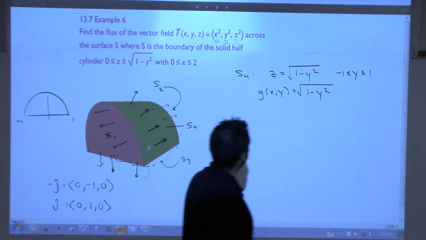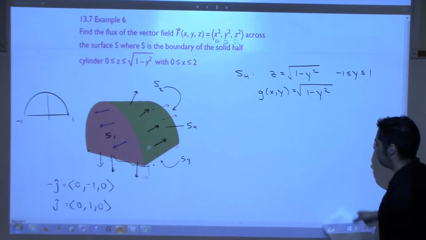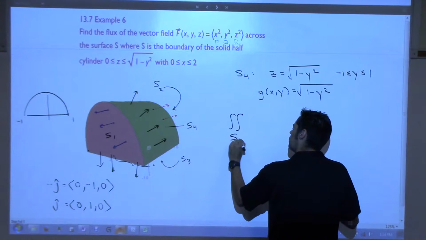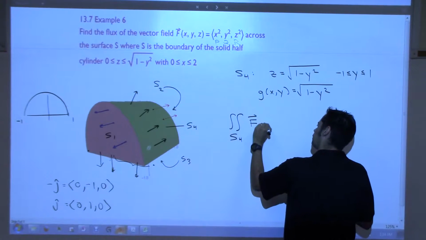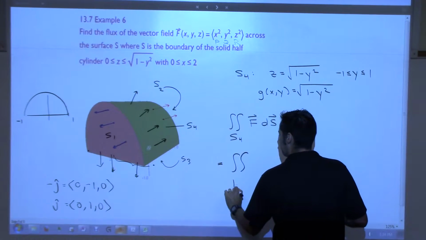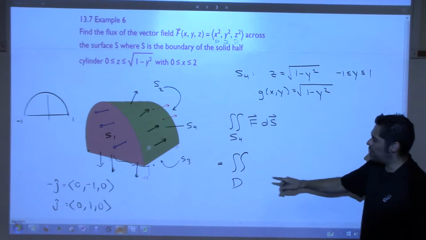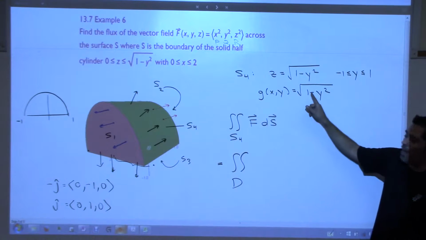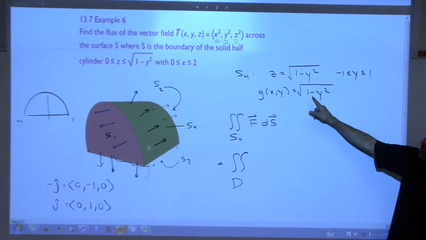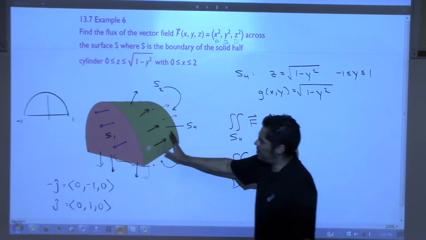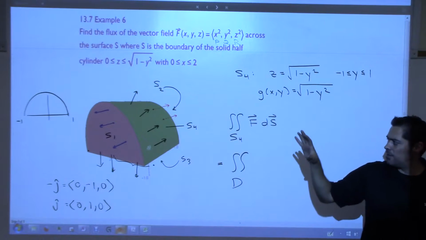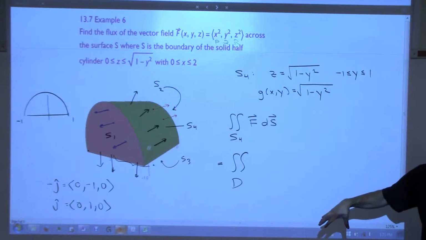All right, well, let's go ahead and use the formula then. The flux over S4 should become the double integral over D, where D is going to be the restrictions on x and y that draw me this surface. And can you already see what the restrictions on x and y are going to be to draw just this top part? What's the projection of that surface onto the ground?